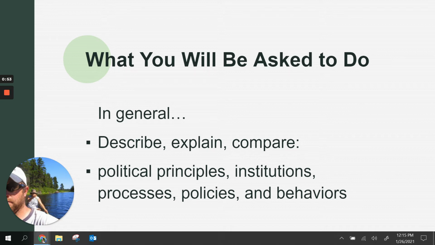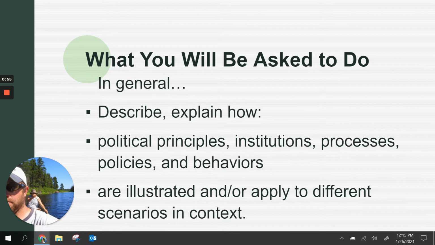So you think ideology. Okay. In general, you'll be asked to describe, explain how political principles, institutions, processes, policies, and behaviors are illustrated and or applied to different scenarios in a context.